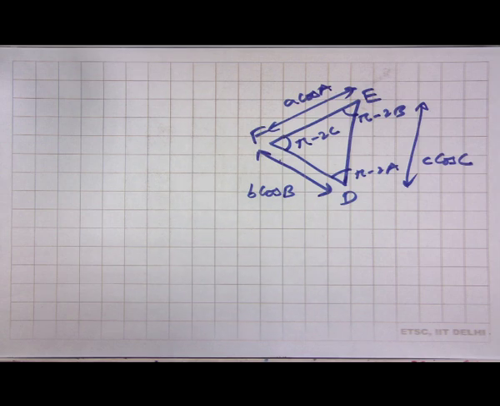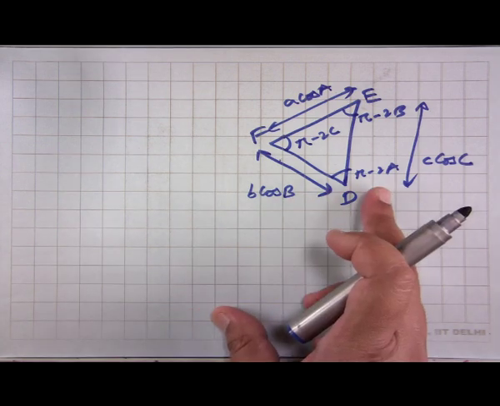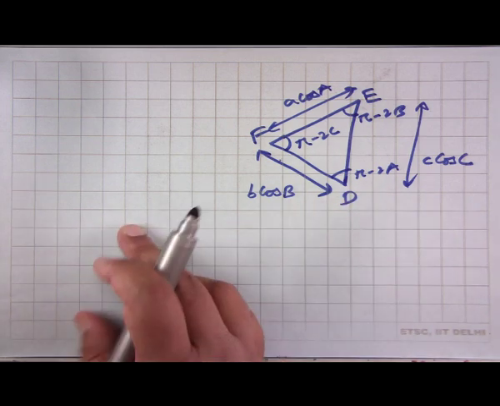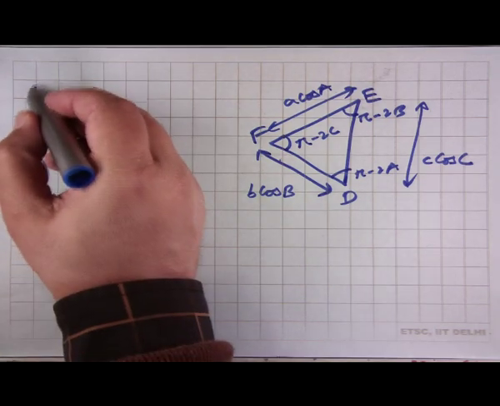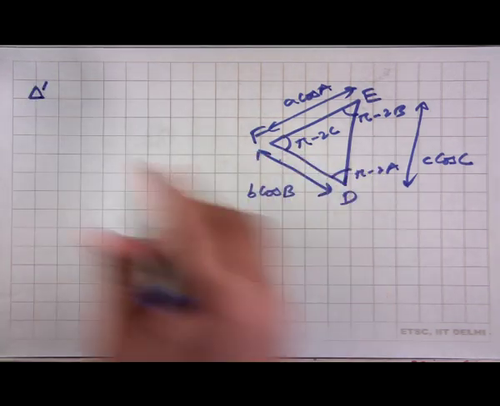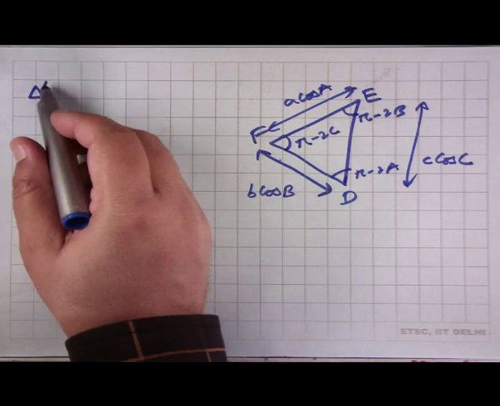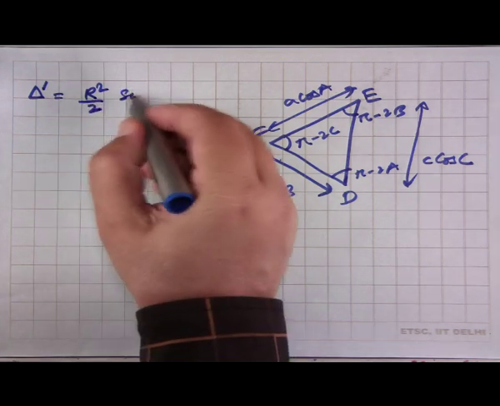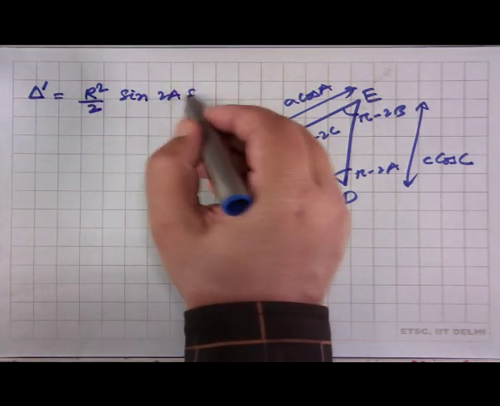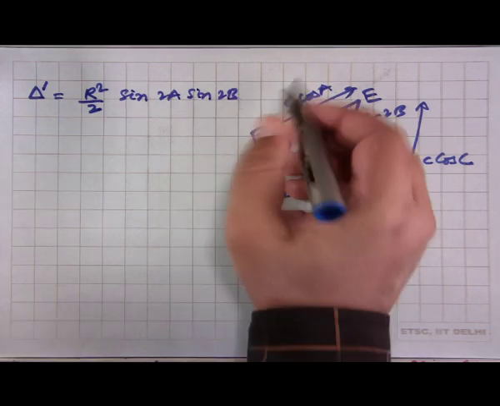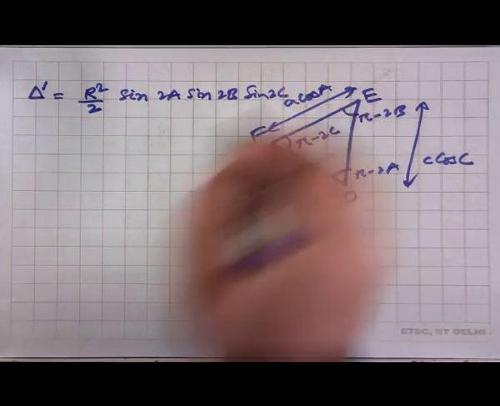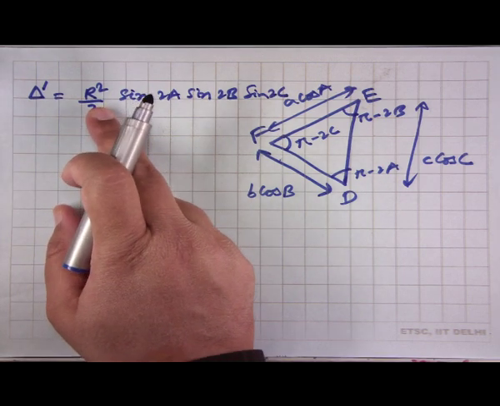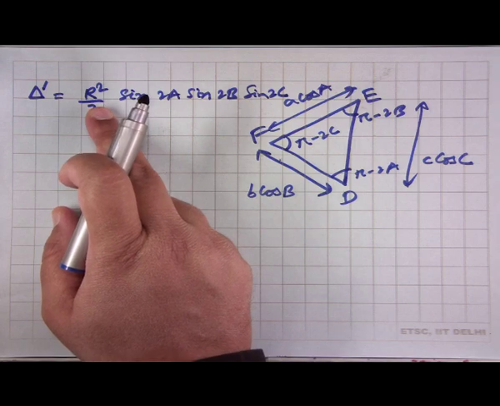And then once we know all the sides and the angles, it was very easy to compute the expression for the area. So we had shown that the area of the pedal triangle, which we had denoted by delta prime, is equal to R squared upon 2 times sin 2A sin 2B sin 2C, where R is the circumradius of the triangle ABC.